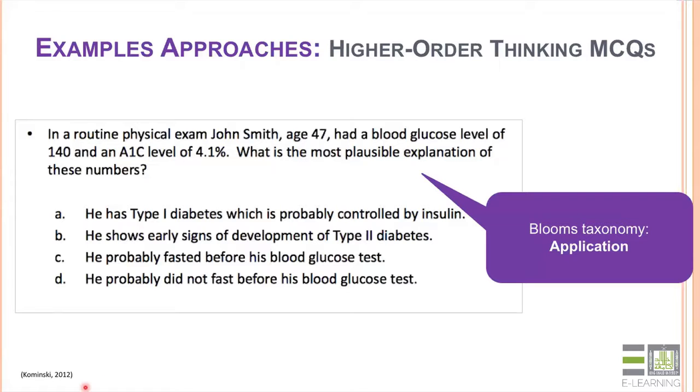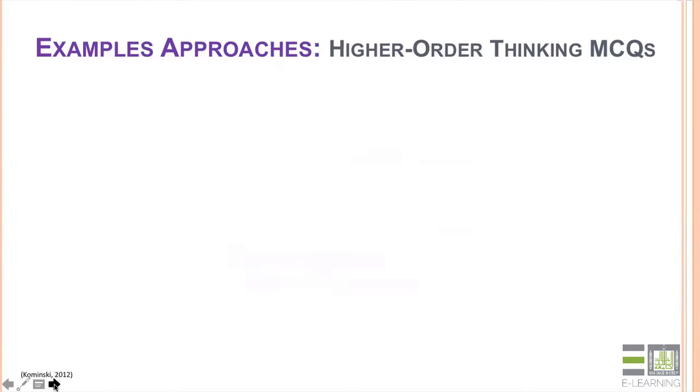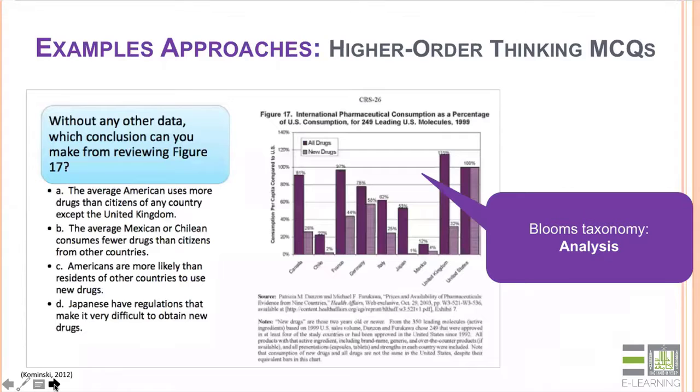Another example is this one here. Again, this question is a great example of how you construct a multiple choice question to test higher order thinking. This question falls within the realm of analysis.